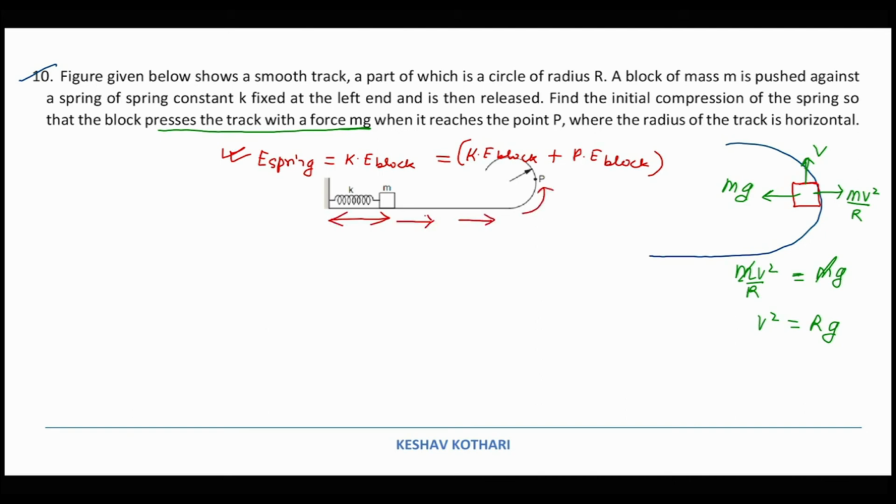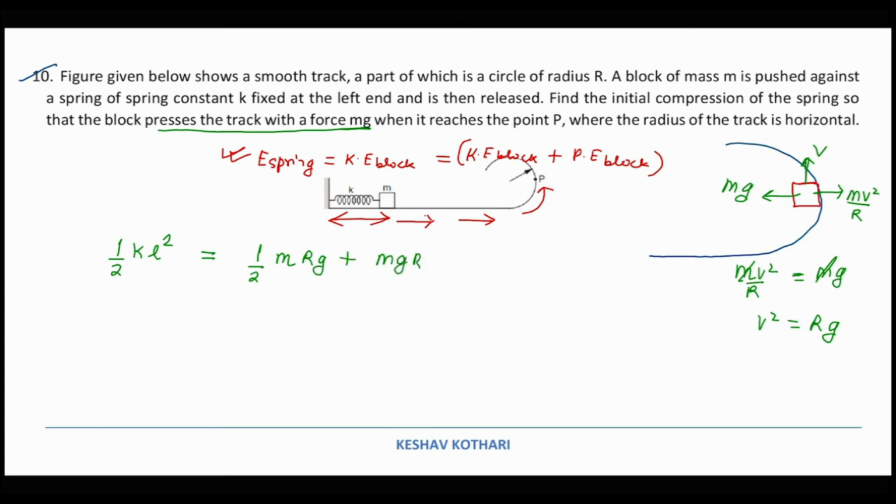If I write this expression, the spring potential energy can be written as half k l square, where small l is the compression in the spring, and we are equating it with the right hand part, that is kinetic energy of the block plus potential energy at point P. The kinetic energy at point P is half mv square, that is equal to half m r g, and it is at a height r, so the potential energy is mgr.